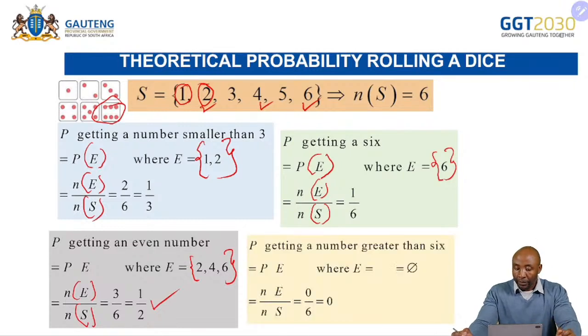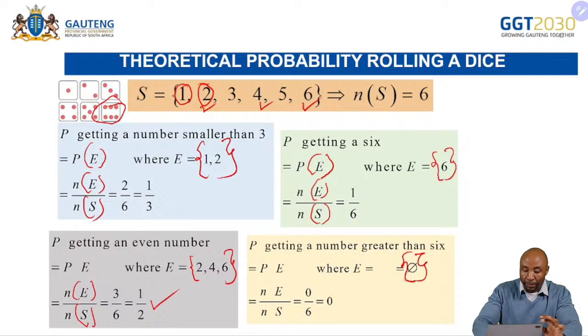Now, the probability of getting a number greater than 6. We are looking at the faces of a dice. There is no way we can get a number which is greater than 6. Hence, that becomes a null set, and we represent the null set by a 0 with a cross on it.